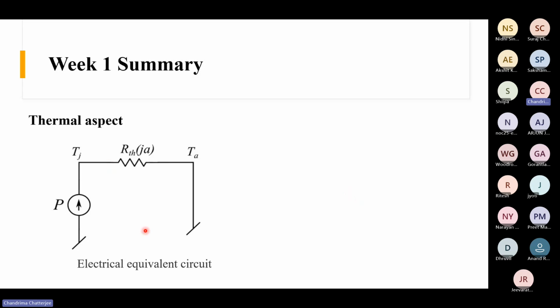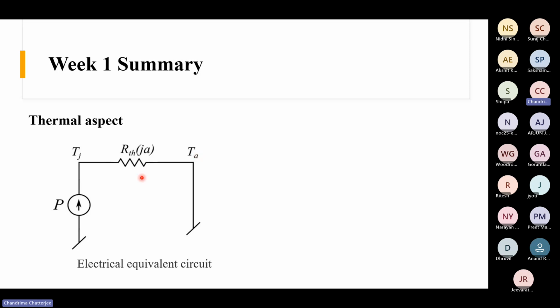So this is the circuit that I was talking about. Here the temperature difference is equivalent to the potential difference. The temperature of this point is Tj, which we call the junction temperature, and the temperature of this point is T ambient, the temperature of the ambient, right?